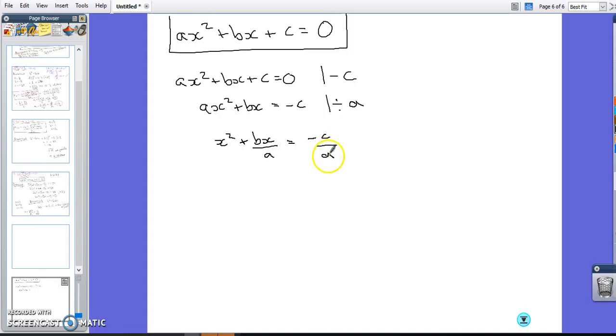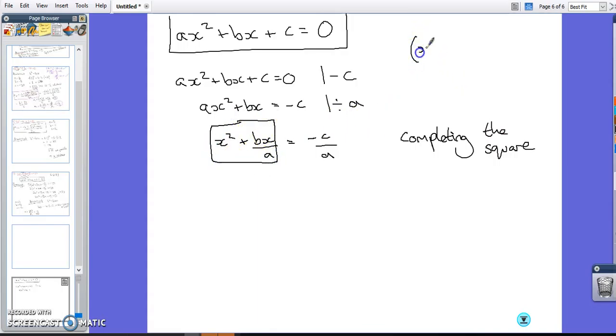Now the next stage involves using a trick that's called completing the square. And that's changing this side so that I can write it in the form x plus something squared equals.